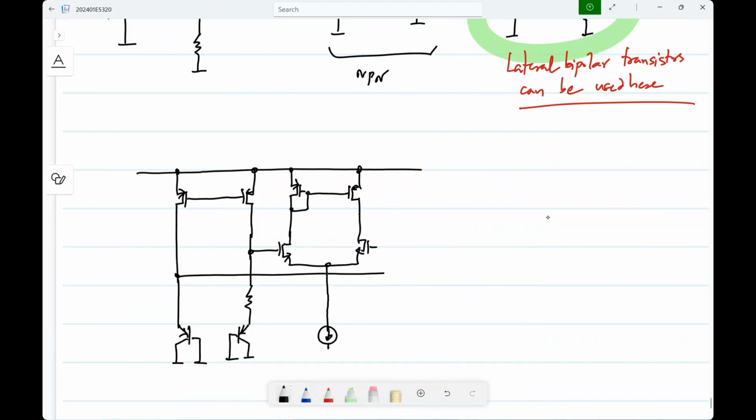We need to create this current source, as he was asking. So let's say we do it by biasing it with some current mirror. And this is where we complete the feedback loop.